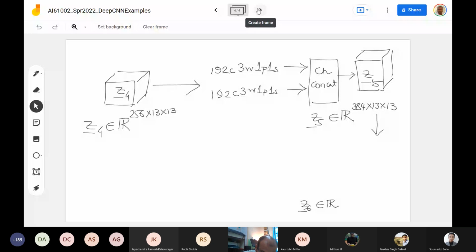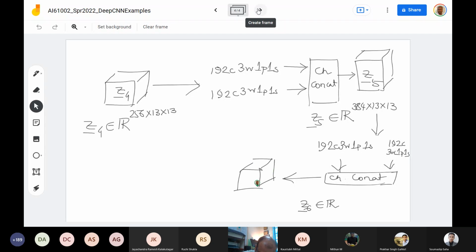This is basically again the same 192C 3W 1P 1S, then 1C 3W 1P 1S, and then again concat, and then you get your Z6, which is also 384 cross 13 cross 13. It comes out. Okay.